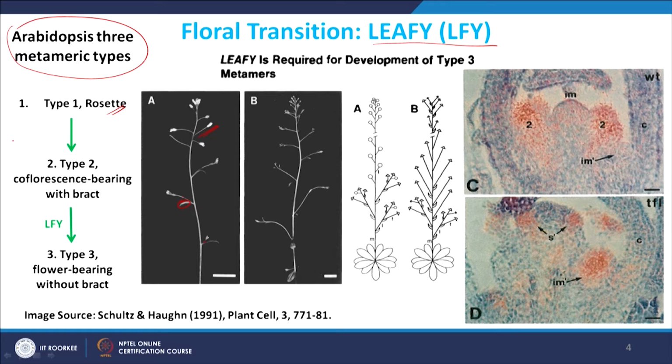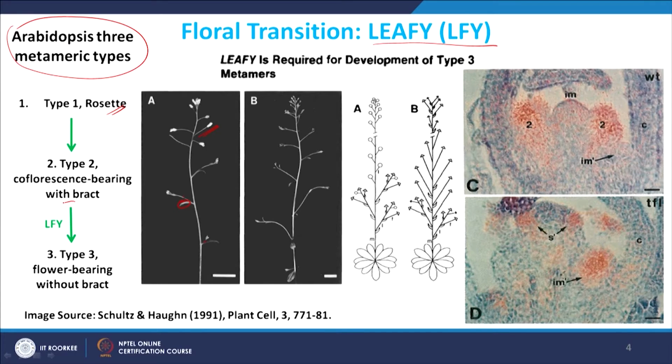So, if you consider these two processes, the entire process of transition from the vegetative shoot apical meristem to the flower has two stages, and this final stage is regulated by leafy.